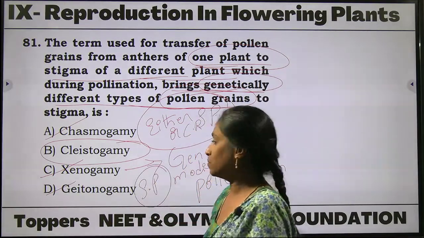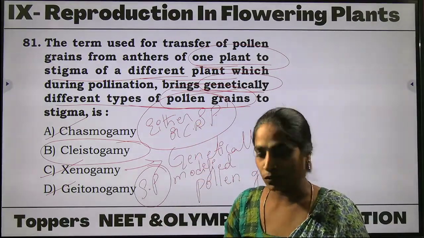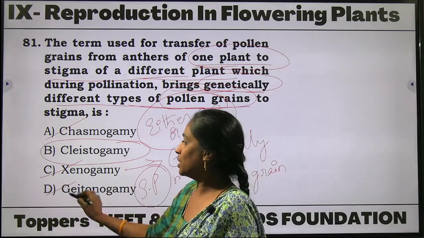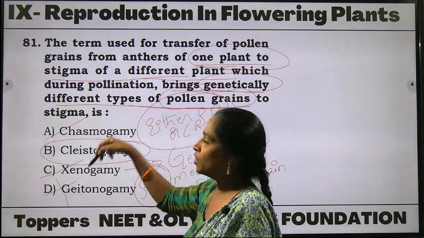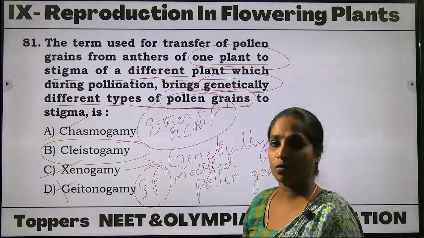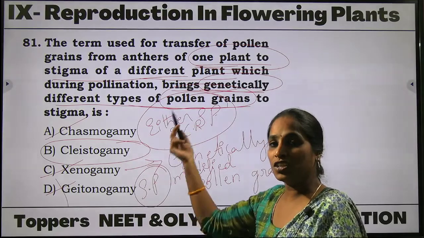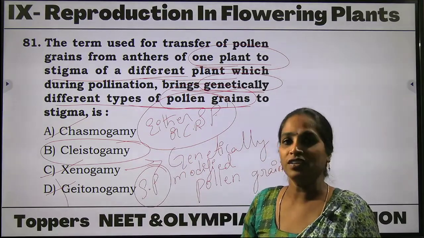Here the flowers will be different but the plant will be the same. This is called geitonogamy. They don't produce genetically different types of pollen grains. Only in the xenogamy process can we observe genetically different types of pollen grains.